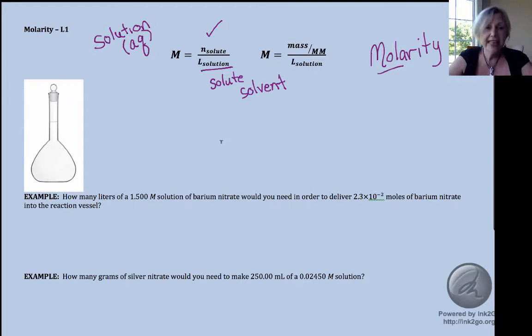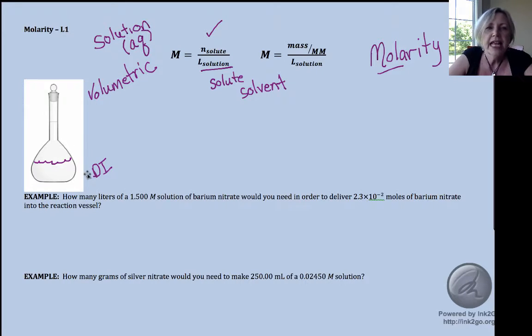Now, to make this, you would use a volumetric flask, typically. If you didn't need very much accuracy, then you could use a graduated cylinder. But usually you would use a volumetric flask, and here's how I would do it. I would add some DI water. We would never use tap water.